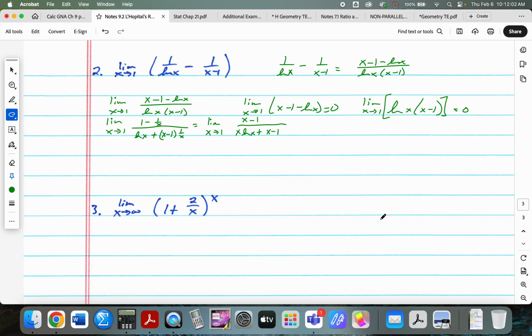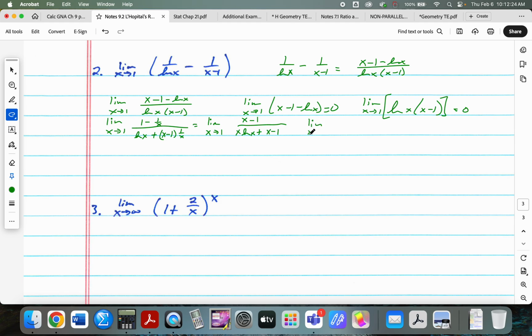Well, maybe the thing to do is not to clear the complex fraction, but rather to go ahead and grit our teeth and look at the numerator and the denominator. They both go to 0. We could apply L'Hopital's rule again. Maybe that'll work out better. So I have to justify it.